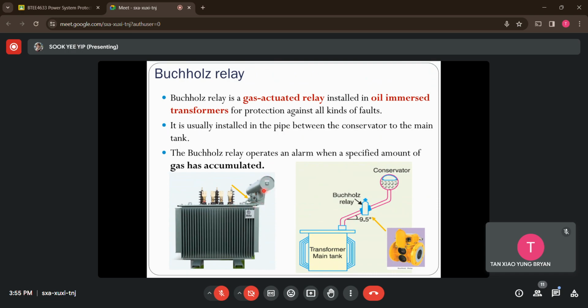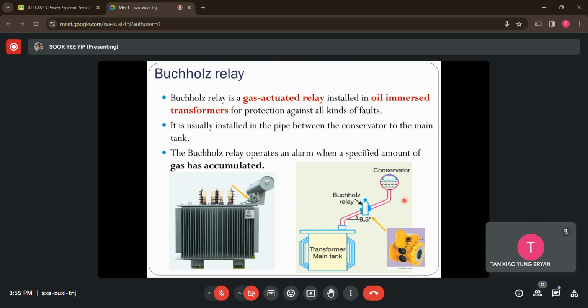What is the function of the conservation tank? It is used to compensate for the loss or shortage of oil within the main tank. This conservation tank is quite important because there might be a reduction of oil in the main tank due to evaporation. So this is where the Buchholz relay is located or installed.